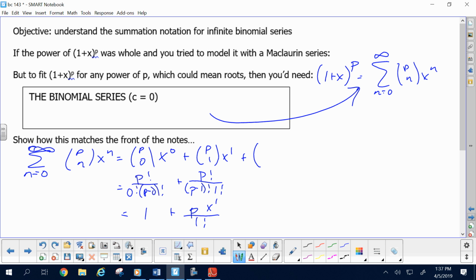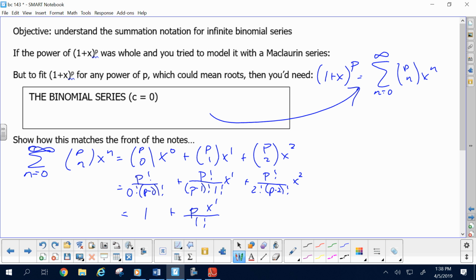And if I then did P choose 2 x squared is the next term in the summation. P choose 2 is P factorial over 2 factorial P minus 2 factorial.